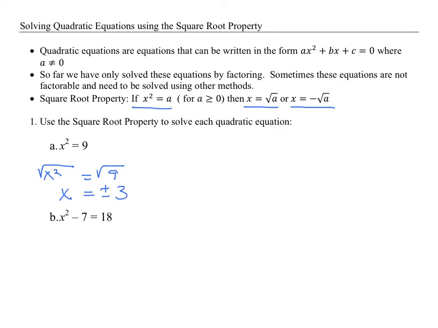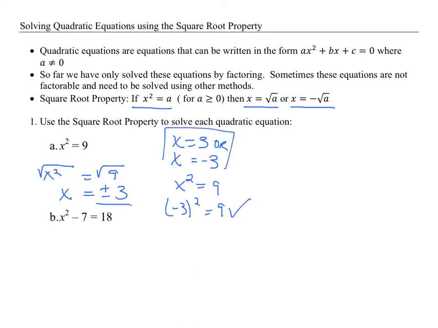It's actually the absolute value of x, but we can do it this way because we account for that in the plus or minus 3. So there's actually two solutions. x is equal to 3 or x is equal to negative 3. Because if x is equal to negative 3, negative 3 squared definitely is 9. So here's my solution to A.